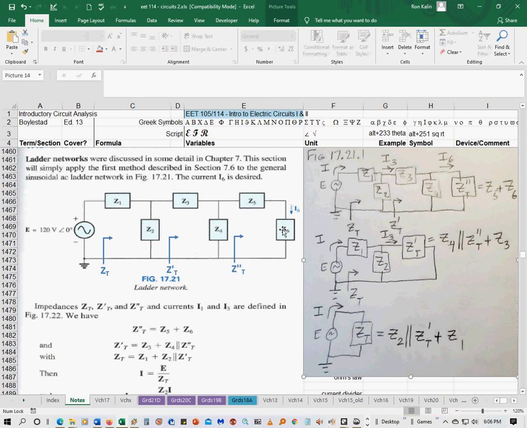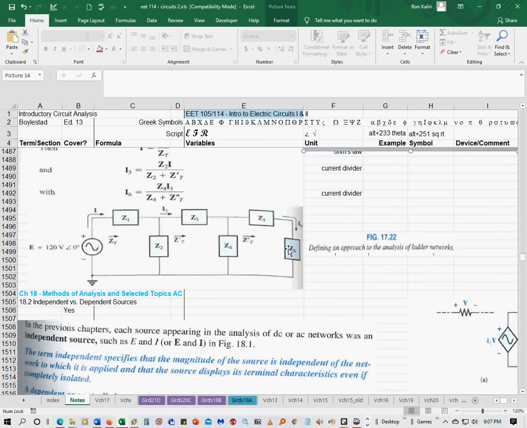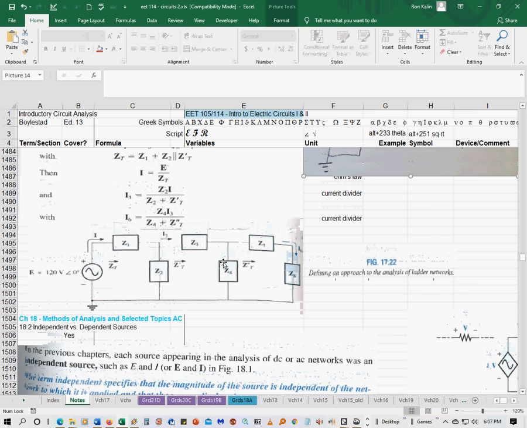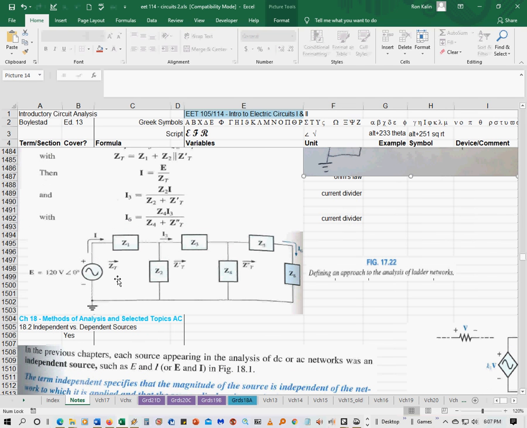And then once you have that, you can calculate the power delivered to this resistor, which is usually something that's going to be asked for, because it takes all these steps to find out what I6 is, and then you can do that calculation. So this is really the entire chapter summed up in one problem.